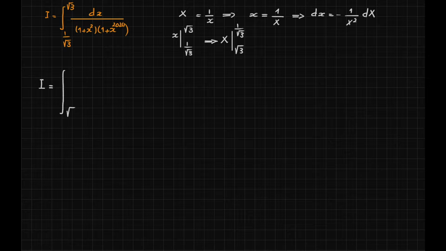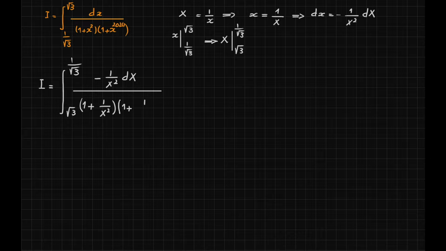It goes from square root of 3 to 1 over square root of 3. Instead of dx, I write minus 1 over capital X squared dX, divided by 1 plus little x squared, which becomes 1 plus 1 over capital X squared, and the other factor becomes 1 plus 1 over capital X to the power of 2024.